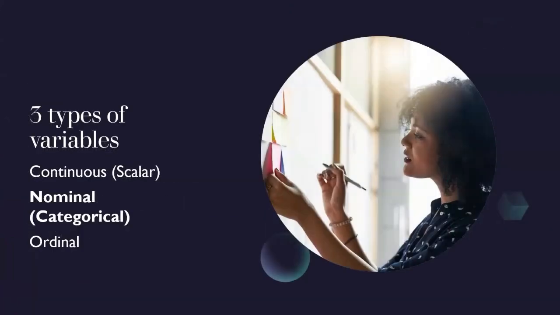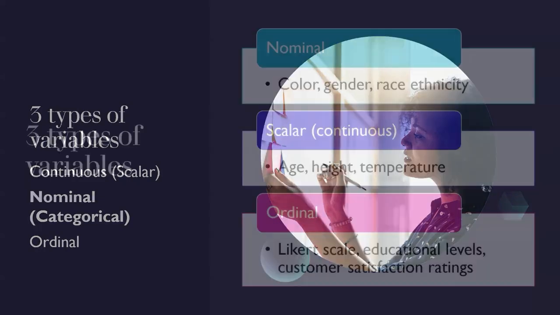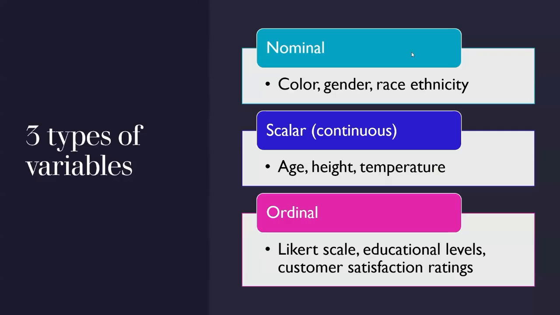So if you remember at the very beginning of our presentation last time, we spoke about three types of variables. They are continuous variables or scalar variables, nominal variables or categorical variables, which will be the focus of our presentation today, and ordinal variables, which are your Likert type scale variables. So just for a quick visual, here are examples, again, of our three different types of variables.